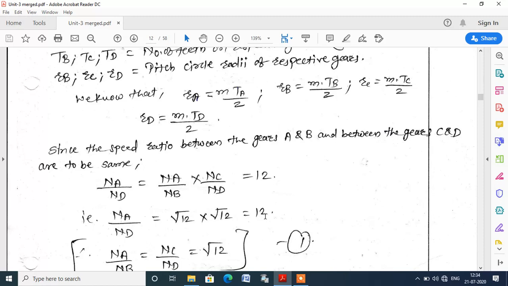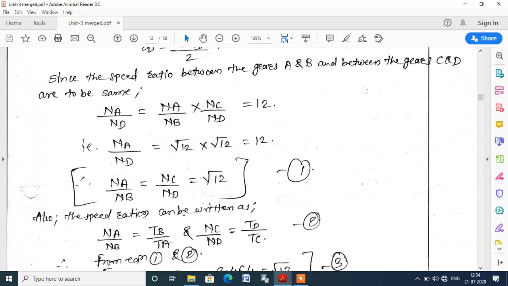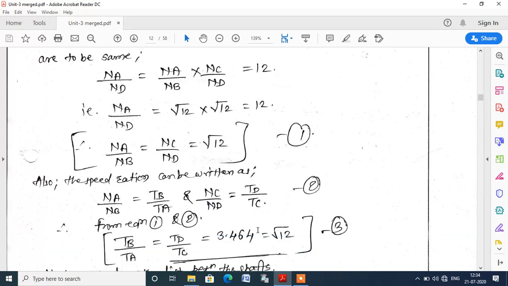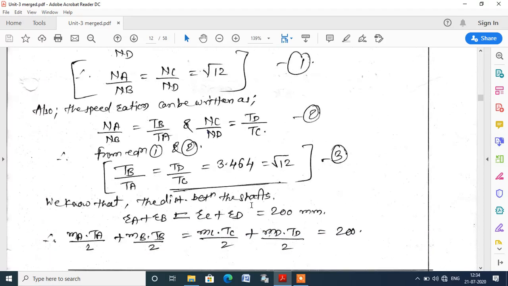Therefore we can write Na by Nb is root 12 and Nc by Nd is root 12. Also the speed ratio can be written as Na by Nb is equal to Tb by Ta and Nc by Nd is equal to Td by Tc. So from 1 and 2, we can write Tb by Ta is equal to Td by Tc, and that is equal to root 12. Root 12, if we calculate from the calculator, is 3.464.